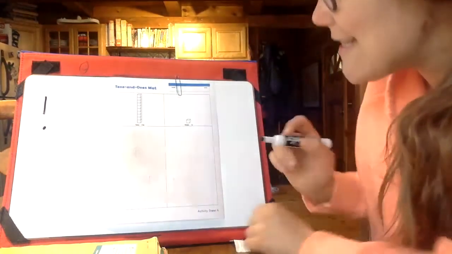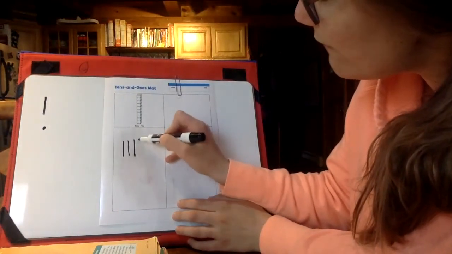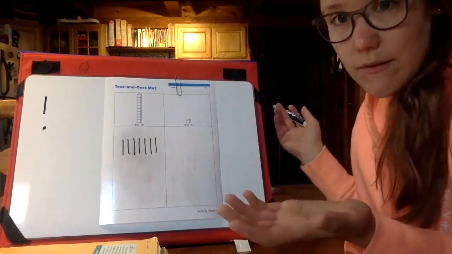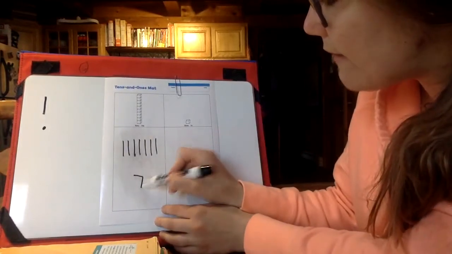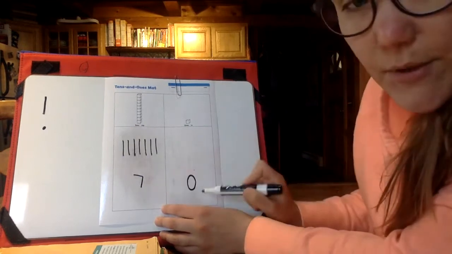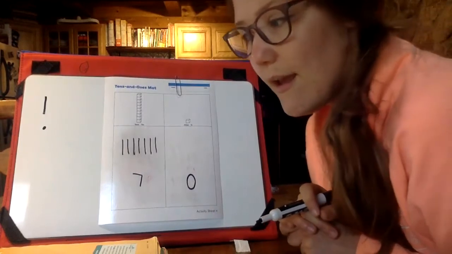Let's get started. 7 longs. 1, 2, 3, 4, 5, 6, 7. 0 cubes. Well, that's easy. I don't have to do anything. I have 7 tens. I have 0 ones. That number is 70. Okay.